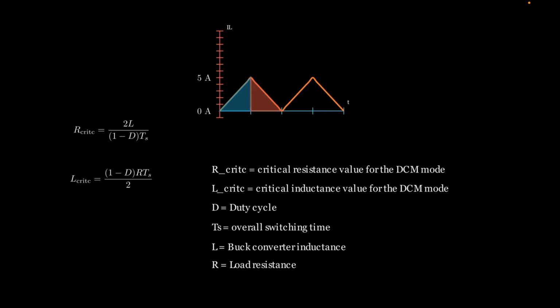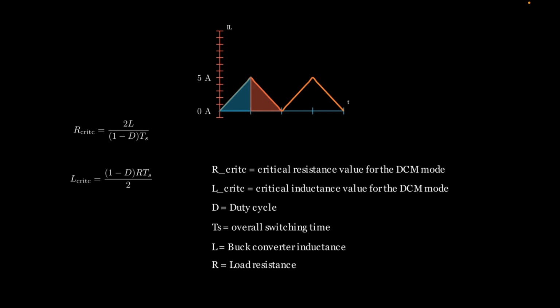Again, coming to the decision for the inductance, you have another formula for the critical inductance. We choose the inductance as L critic = (1 - D) R Ts / 2, so based on this, we are already deciding our load, that we will be using this much resistance in our load, and based on that we are deciding how much inductance we need to add in the system.